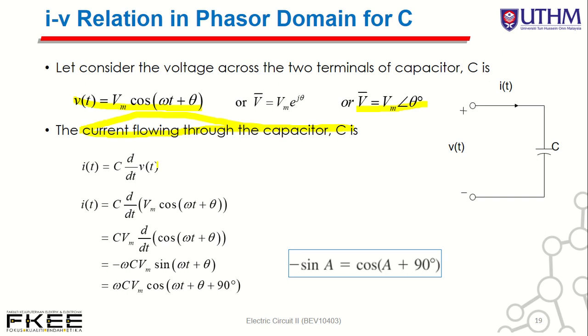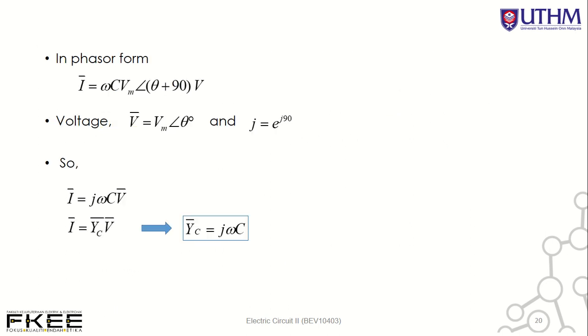In the time domain, we know that i(t) equals C dv(t) over dt. Do you remember this from chapter 1 or 2 that you have learned before? So I_C equals C dV over dt, and then you differentiate the voltage and you will get this equation: omega C Vm cos(omega t plus theta plus 90 degrees).